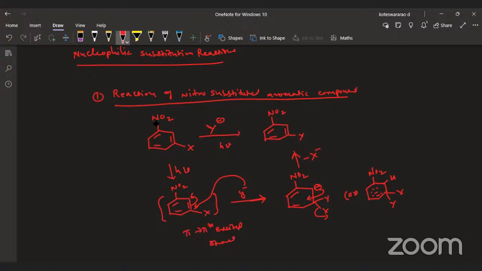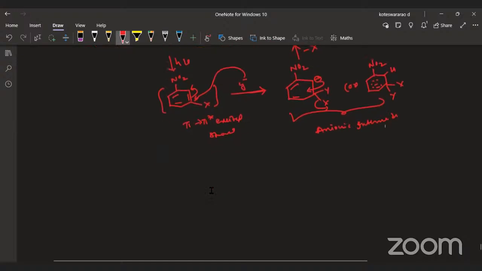This is the anionic intermediate. These two are commonly called anionic intermediates. These two anionic intermediates, which are resonance structures, subsequently undergo the elimination of a leaving group like X minus, and that leads to the formation of photonucleophilic substitution on the aromatic ring.